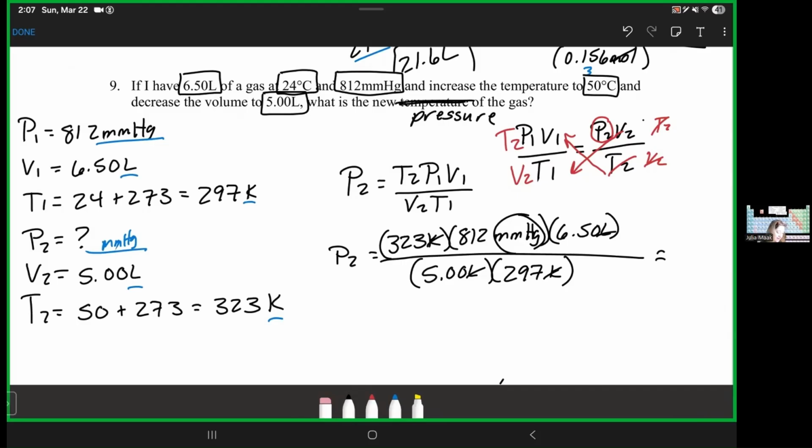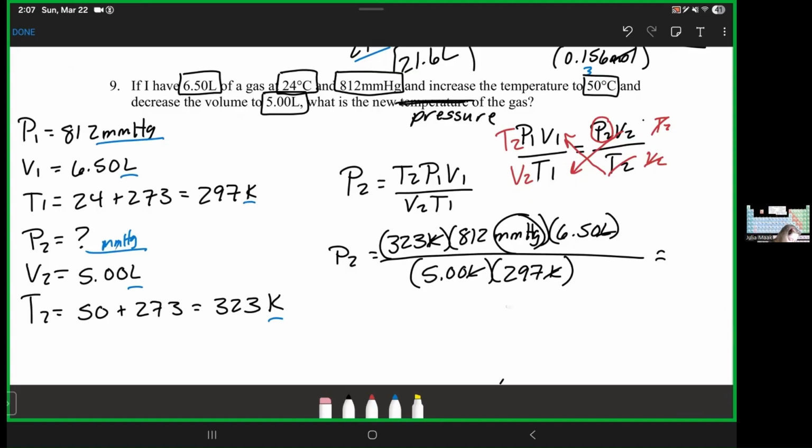Okay, nope, I do not have that math on my paper. So let me just calculate that real quick. Okay, let me just double check my numbers here. So that's my second temperature, my first pressure, my first volume, my second volume, and my first temperature.